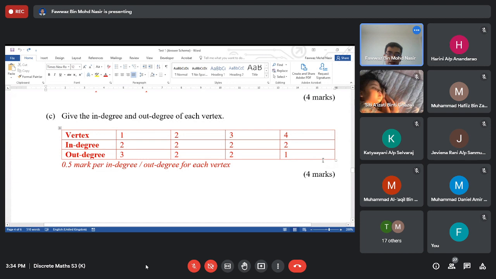So by right the in degree and out degree must be equal to each other. If they are equal, then your calculation is correct. If they are not equal, just check again whether your calculation has a mistake.